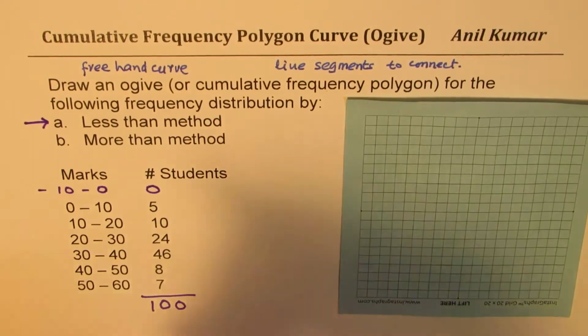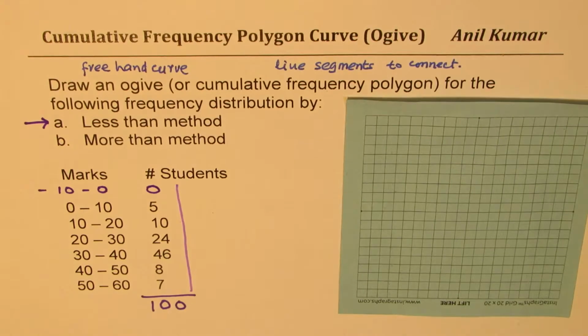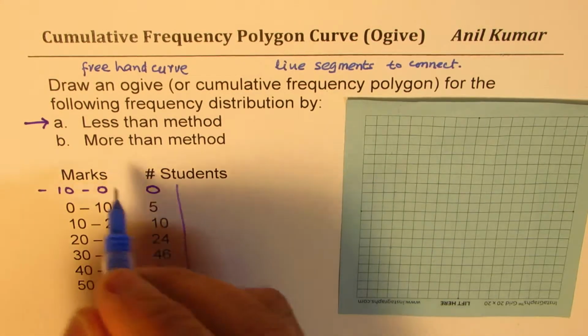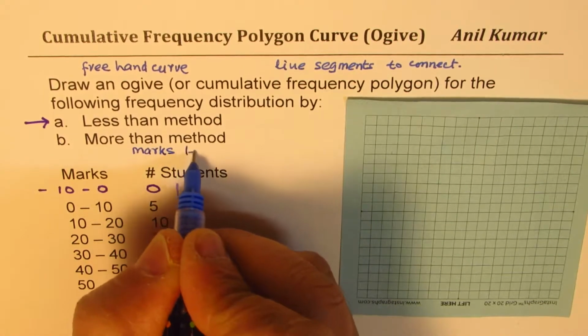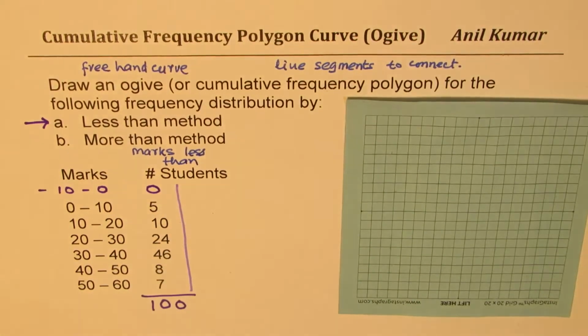Now with that in mind, let me create a few more columns. I have less space here, so I'll put the columns very close by, right? The first column which I'm adding is students with marks less than. So less than what?